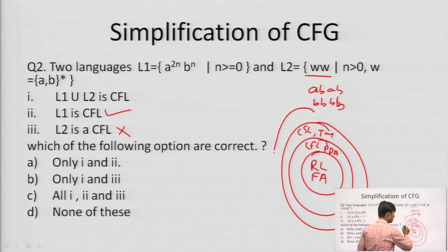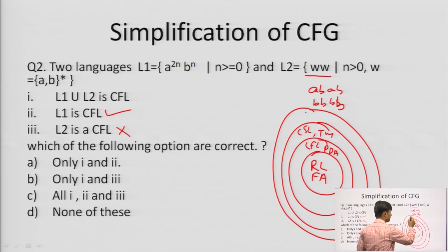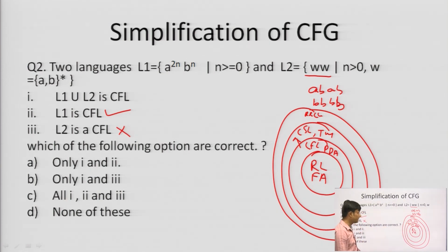So, you have to go to a higher machine, recursive or recursive enumerable languages. Now, if you check the union of a CFL and a higher language, it cannot be a CFL. Any CFL is also accepted by a Turing machine.